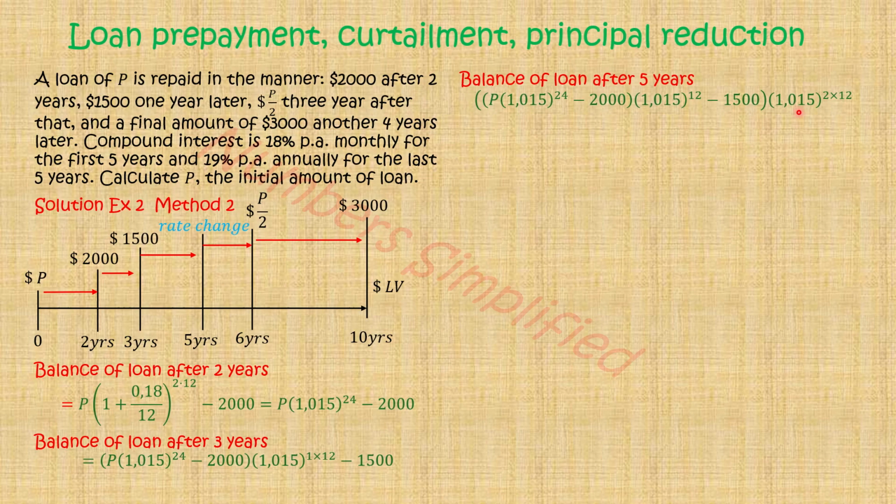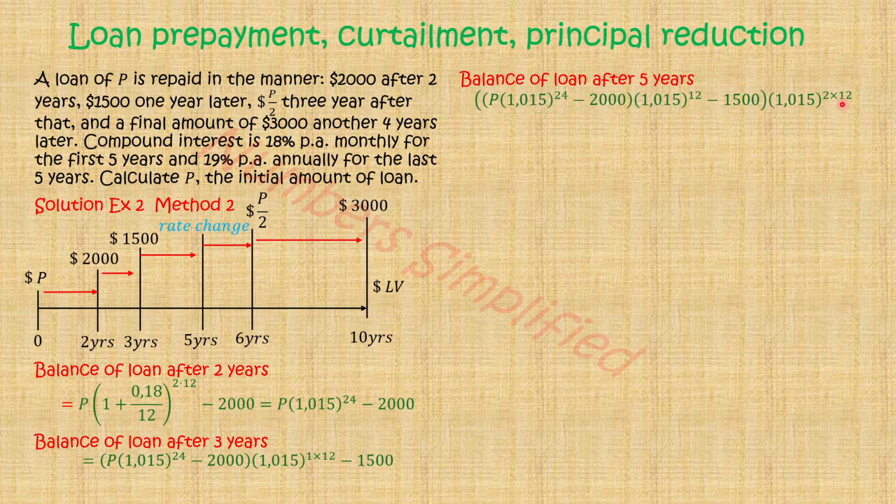Then we multiply that by the interest that it accrues, 1.015 raised to the power 2 times 12, because we have 2 years and the interest was compounded monthly. So that is the balance at the end of 5 years of that particular loan.